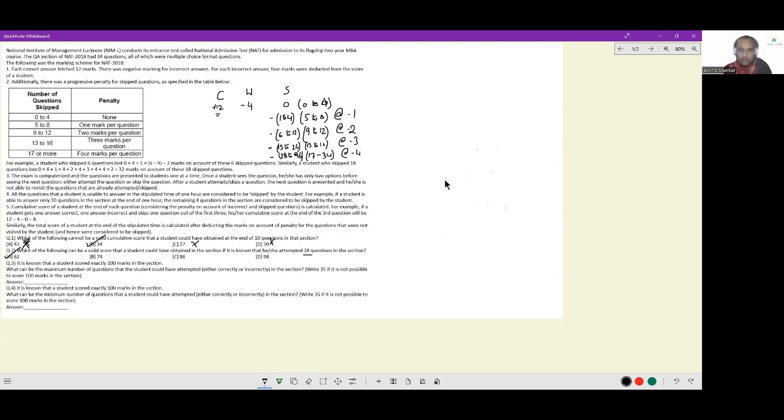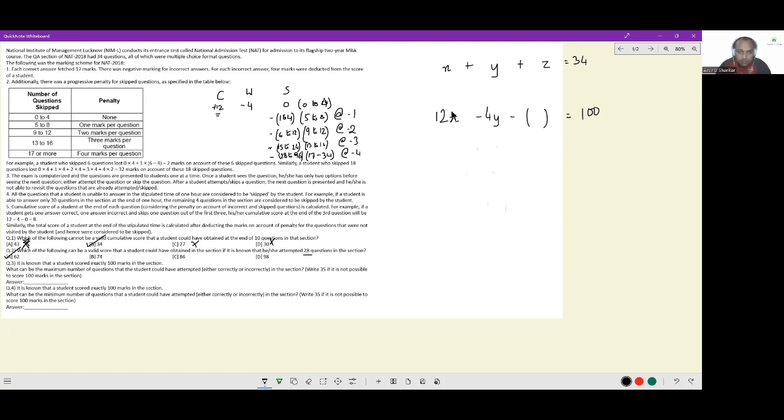Now, if he scored exactly 100 marks, let his correct questions be X, let his wrong questions be Y, and his skipped questions be Z. So now, 12x minus 4y minus A times Z, or the different possibilities of minus scores that he can get, is equal to 100, as instructed to us by the question. Additionally, we know x plus y plus z is equal to 34.